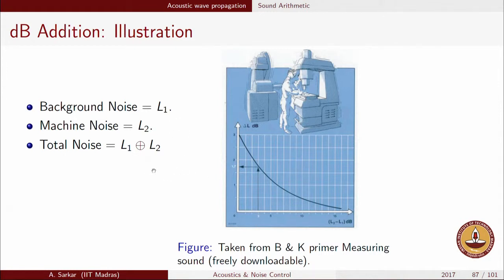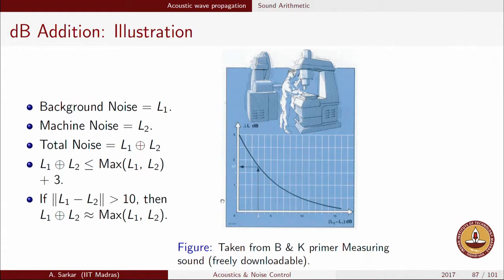So, the formula goes this way: L1 logarithmic addition of L2 is max of L1, L2 plus 3, and that is the maximum thing that you will get. The actual value has to be quoted from this sort of a graph. The actual value of L1 plus L2 will be max of L1 and L2 plus the value which you will read off from this graph.